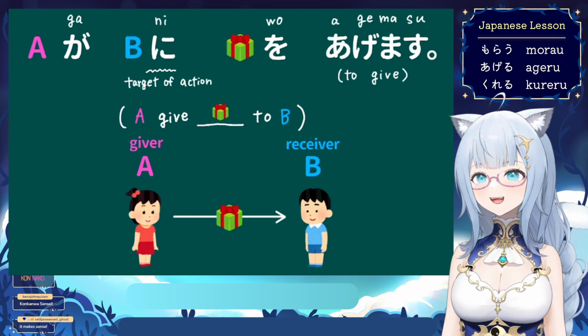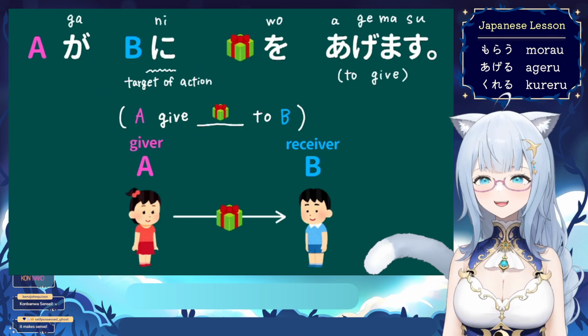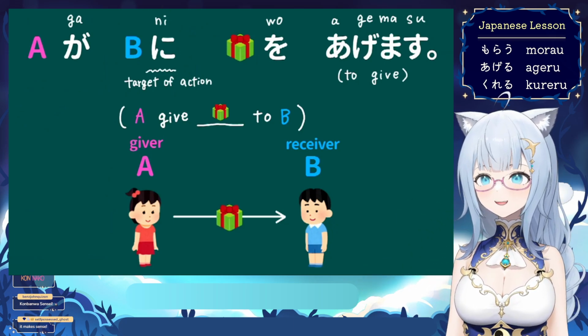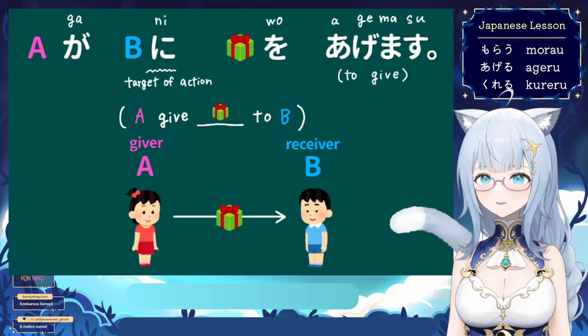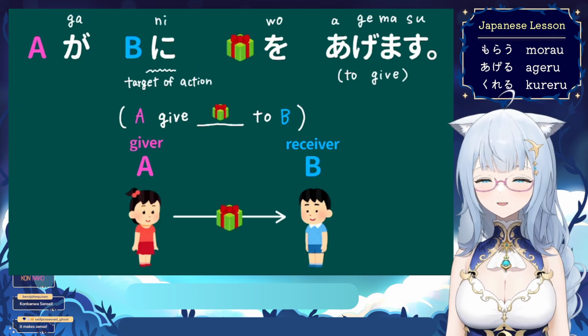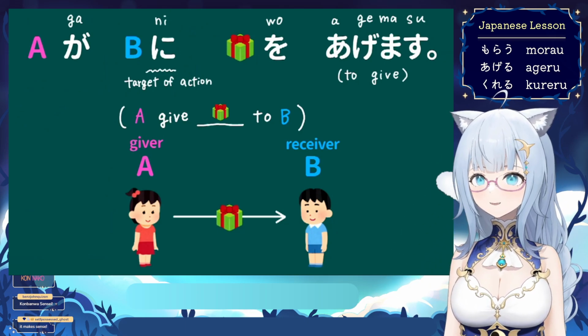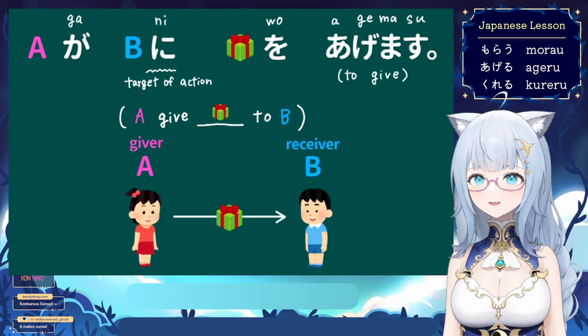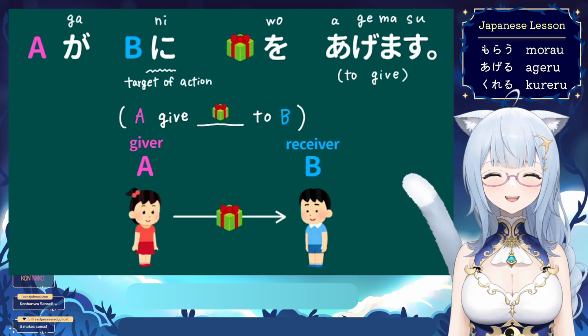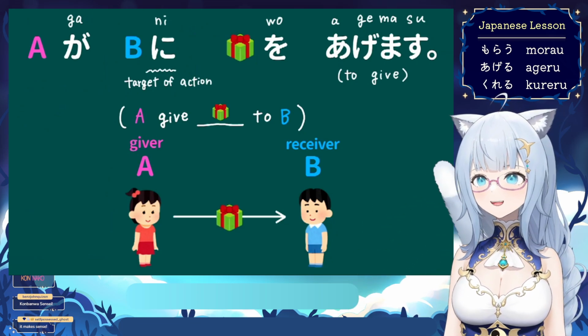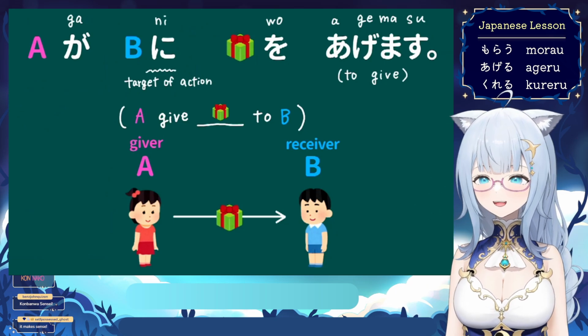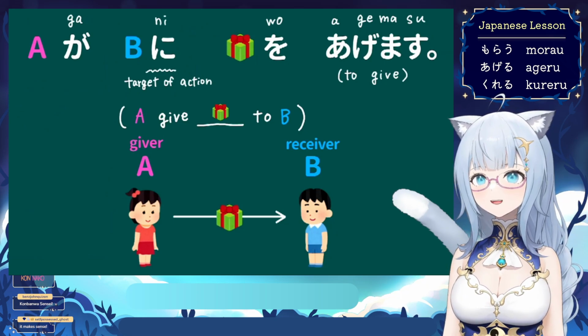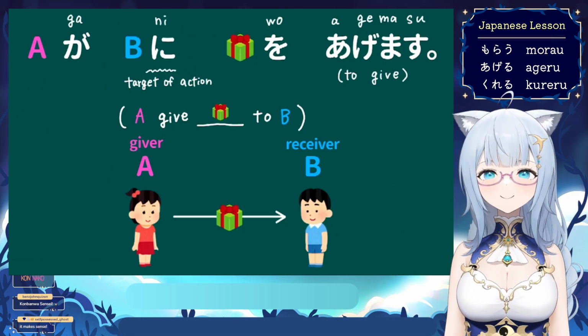Next one is あげます。A が B に何々をあげます。In English, the sentence means A gives something to B. So A is the subject, and B is the target of action.